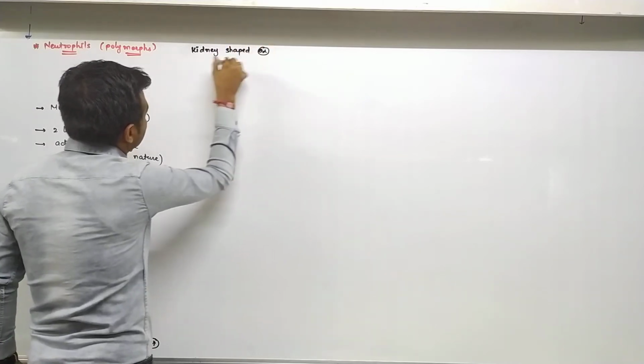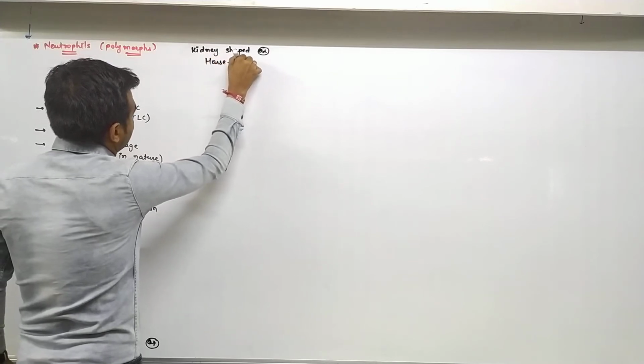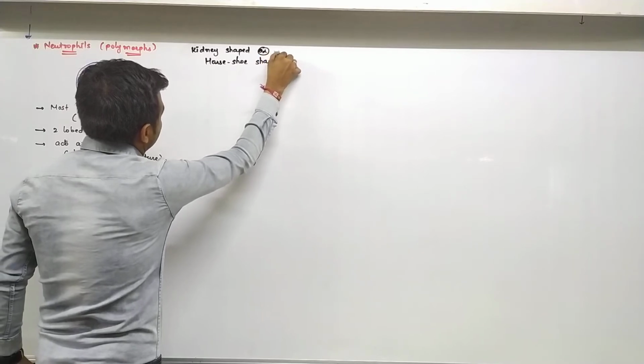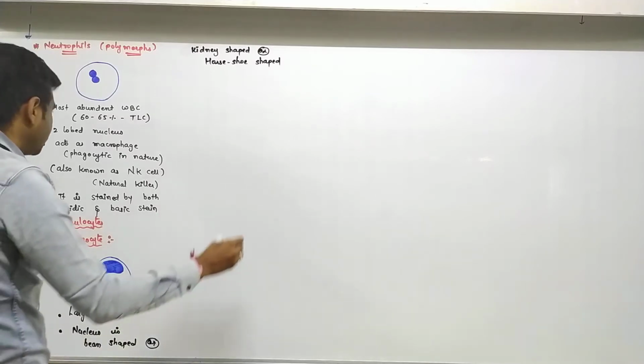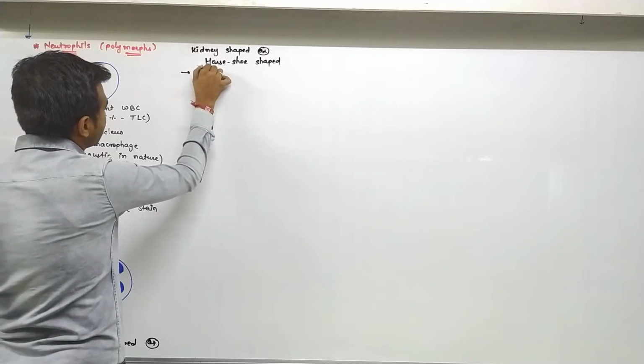Or horseshoe shaped. Monocytes possess 6 to 8% of total WBC.